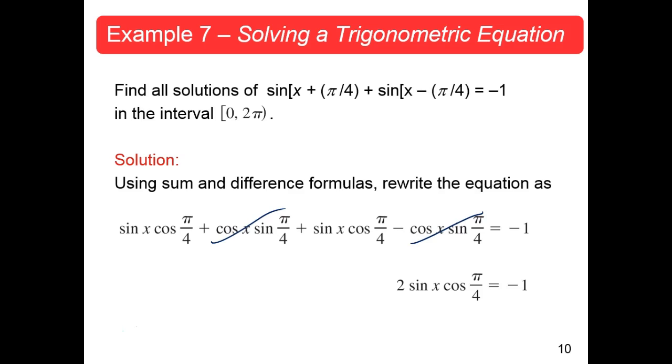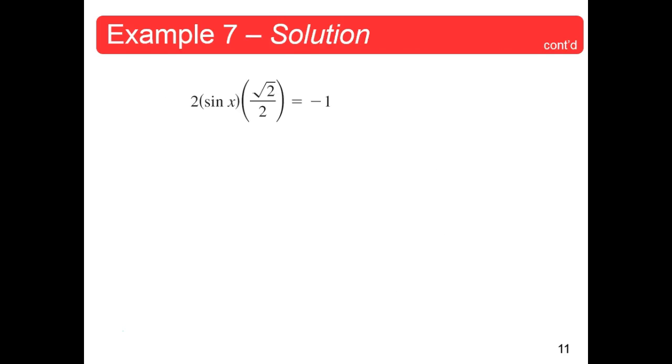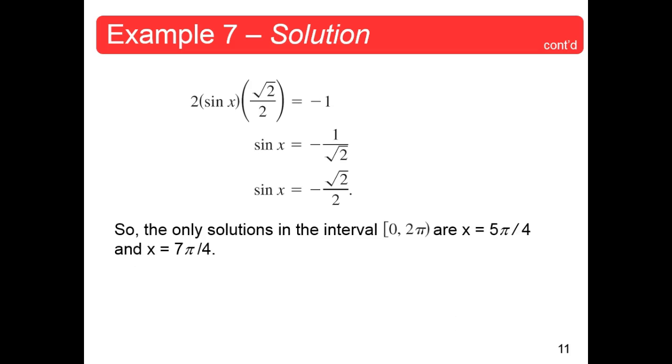Then they evaluate that to be root 2 over 2, and that 2 divides out that 2, and you have root 2 sine x is equal to negative 1. Divide both sides by root 2. Sine x is equal to negative 1 over root 2, or written as negative root 2 over 2. Then they ask themselves what angle. The only solutions on that interval would be at 5/4 pi and 7/4 pi. So yep, they got to the same thing we did, just about the same way too.